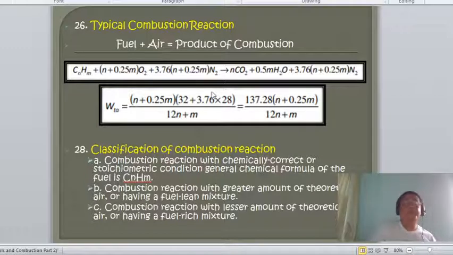But if you do not know, or if you forget this equation, you can also balance the equation of the hydrocarbon fuel.